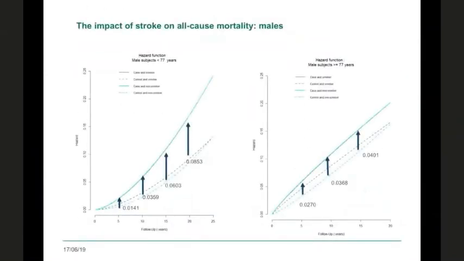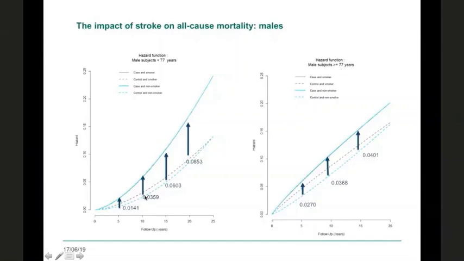Now, what is the impact of stroke on all-cause mortality? The following two diagrams represent the results based on males. The diagram in the left panel represents male subjects who were less than 77 years old, and the diagram on the right represents male subjects who were aged 77 and above.